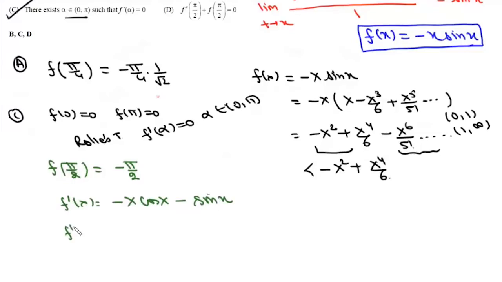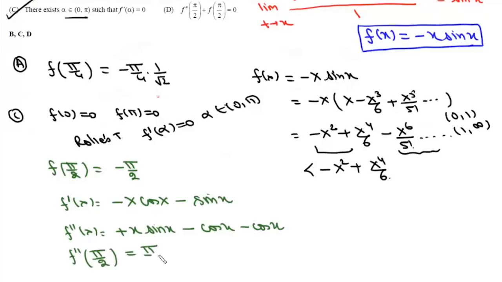And if we differentiate this again, f double dash x will be minus x, and minus minus plus will be this sin x, minus cos x, and it will be minus cos x. So f double dash pi by 2 will be plus pi by 2, and cos 90 is 0. Now if we add them, plus pi by 2 and minus pi by 2 cancel. So this value will be 0. So the correct options are B, C and D.